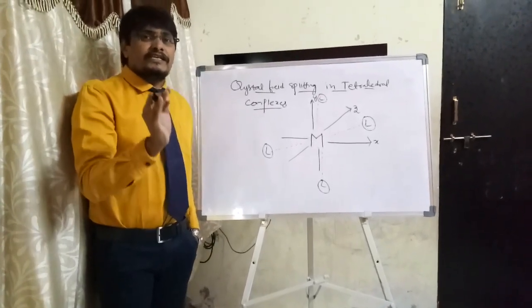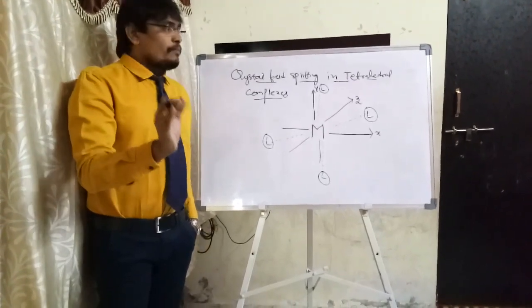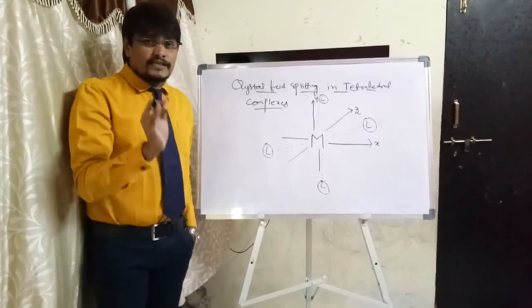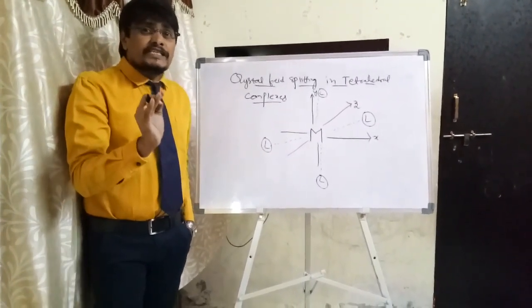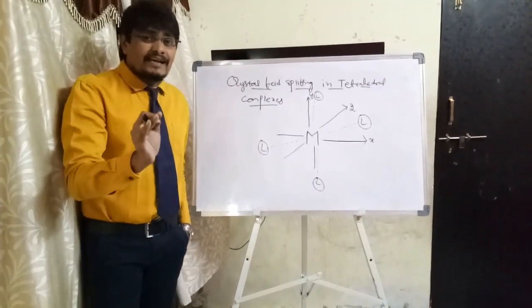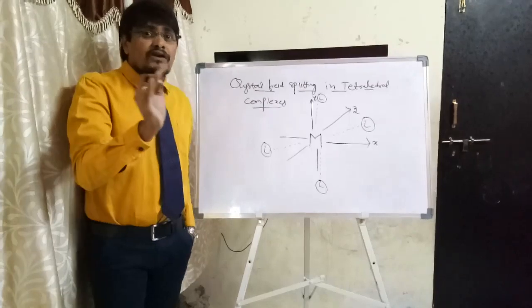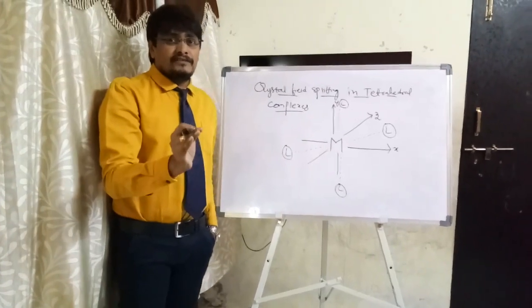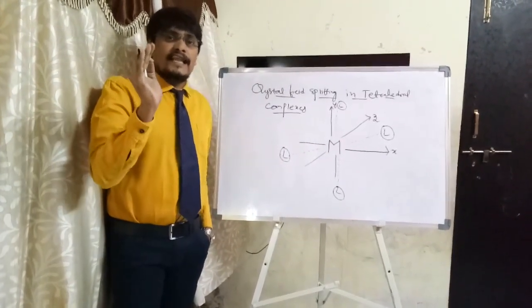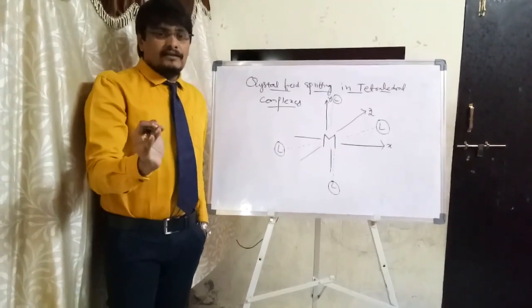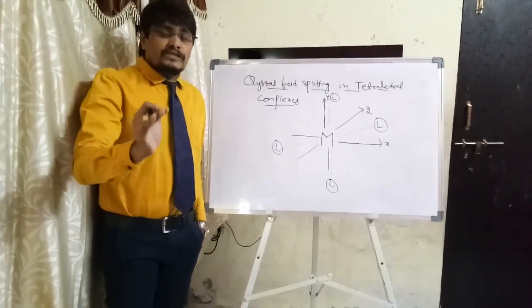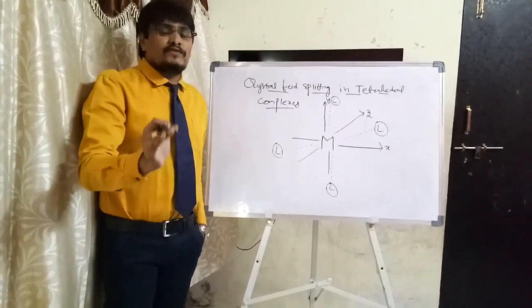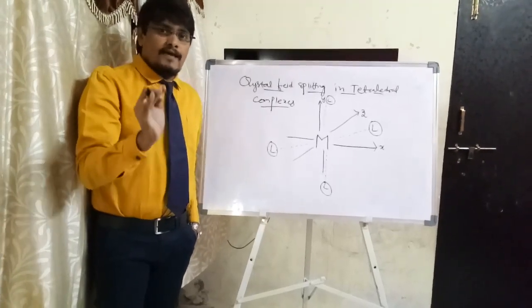So among the T2G set and EG set of d orbitals, the T2G set, since the electrons are sitting in between the axes, experience maximum repulsion, by which they will occupy the highest energy level. On the other hand, the d orbitals in which the electrons are sitting along the axis will occupy the lowest energy level.